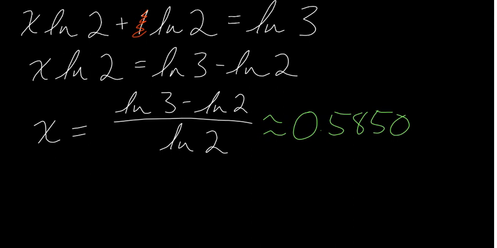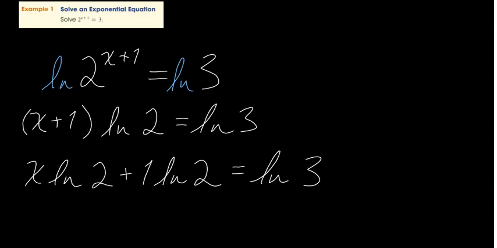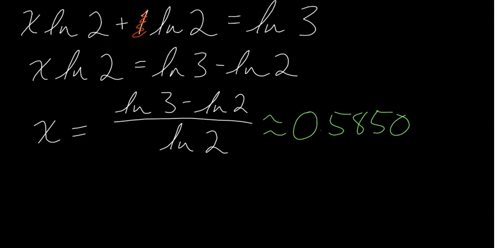Our x value here is approximately 0.5850. Okay, and that's how we solved it. And honestly, as far as I know, it doesn't get any harder than that. Really, it's just remembering your algebraic rules.